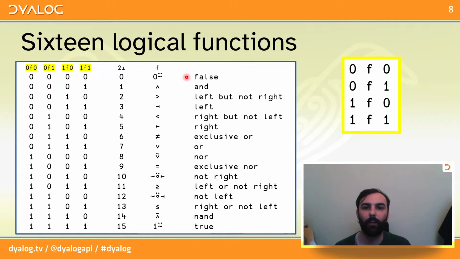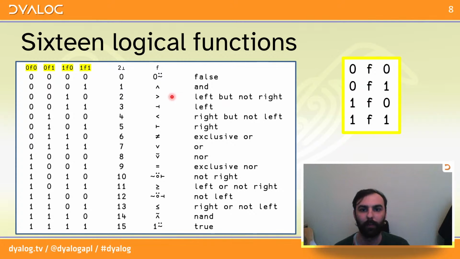And then in the last column, I've given a combination of either common names for digital logic gates, such as and, or, nor, NAND, right? Or I've given these sort of English mnemonic descriptions of what the function does, which is especially useful, I think, because of the way that dyadic functions work, right?